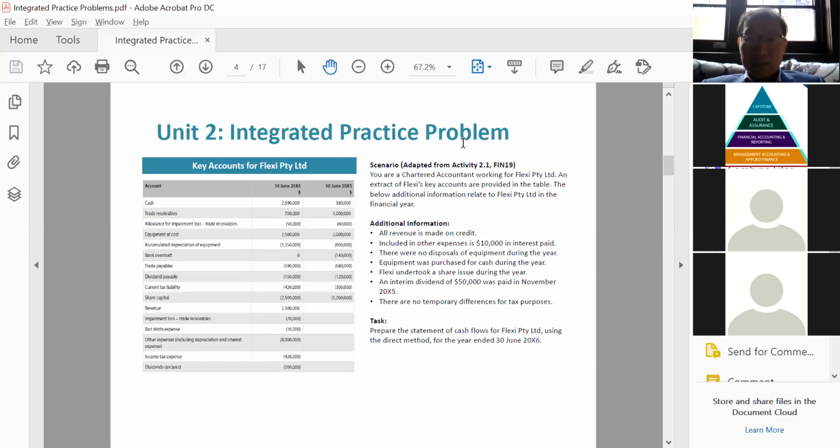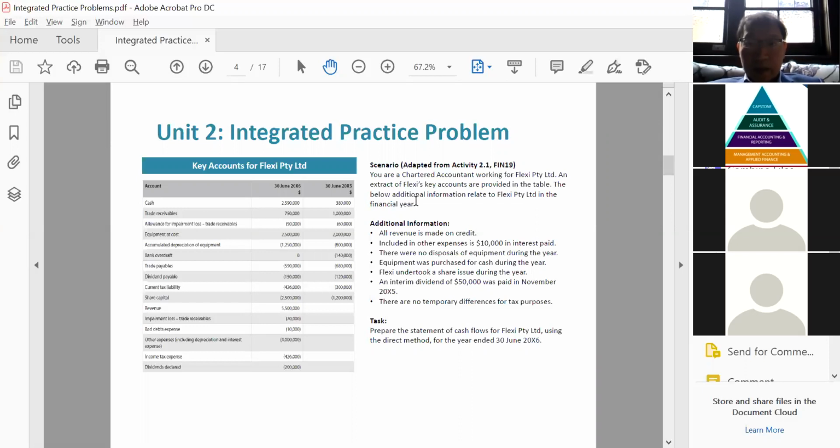Okay, so the task here is to prepare the statement of cash flows for Flexi Pty using the direct method. Okay, and so the context is that you are the chartered accountant working for Flexi Pty Ltd, and you have been provided with an extract of their information.